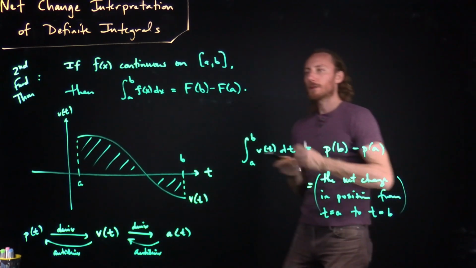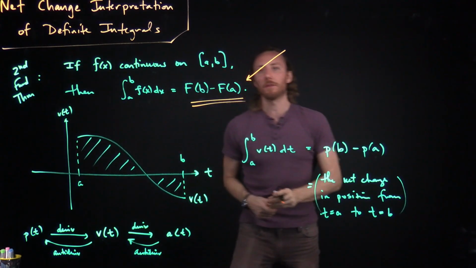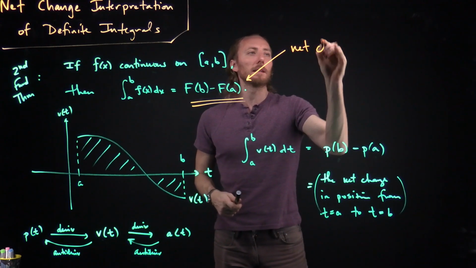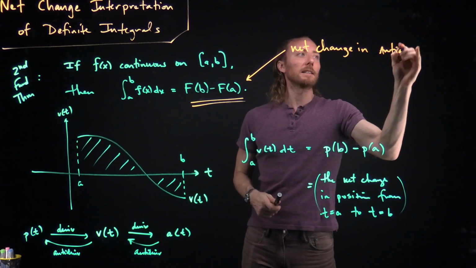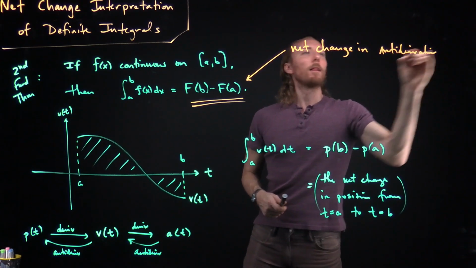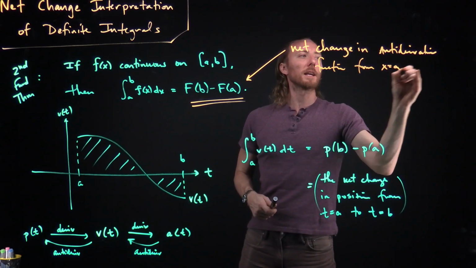So the way that we can interpret this antiderivative computation is just the net change in the antiderivative function from x equals A to x equals B.